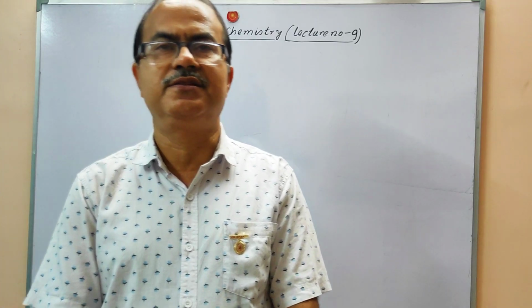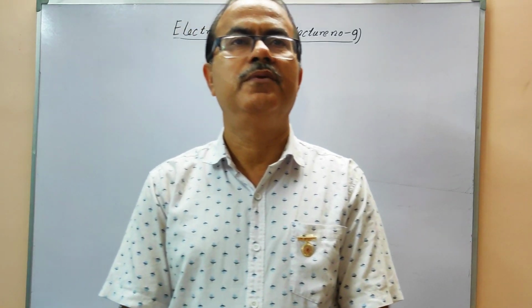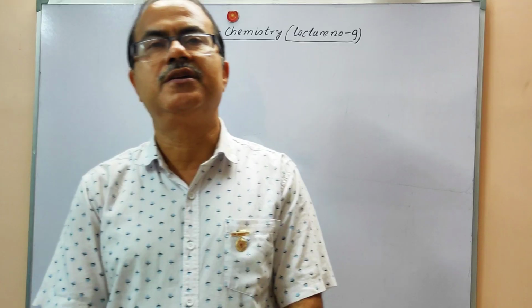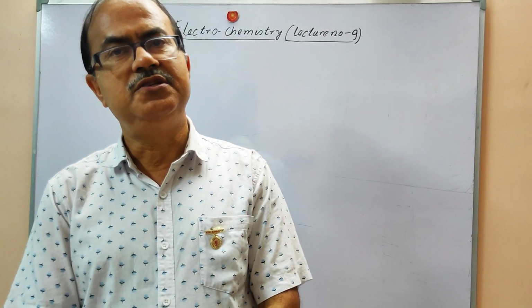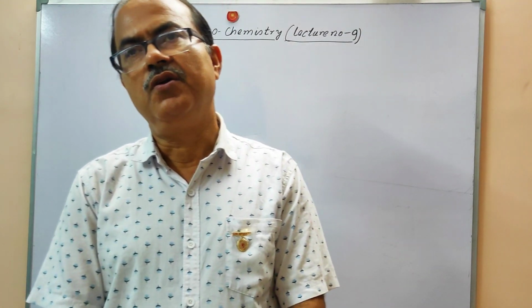In the eighth lecture we discussed the different types of conductors, that is the electrolytic conductors and the electronic conductors, the metallic conductors, and how we can measure the resistance of electrolytic conductors with the help of the conductivity cell.